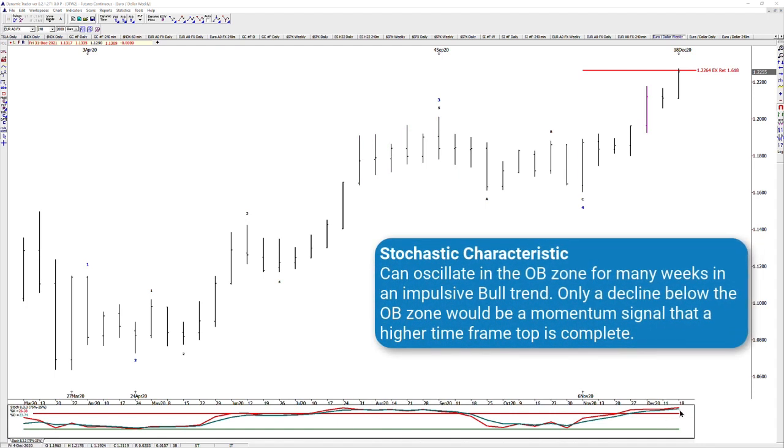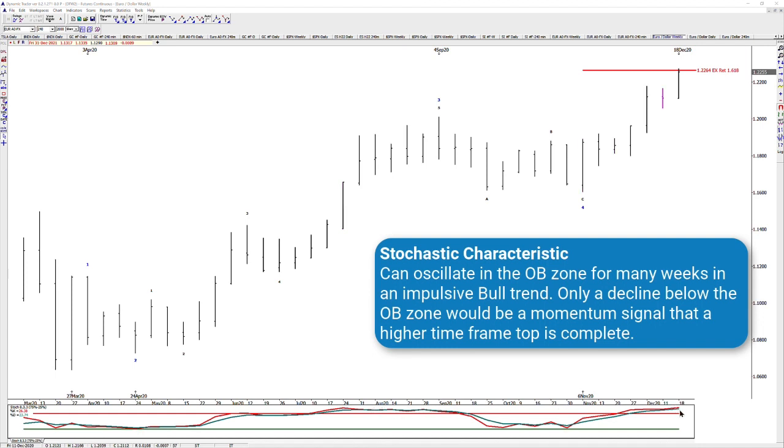And if the stochastic makes a bear reversal, that doesn't necessarily signal that that weekly high is complete, in this case, potential end of wave 5 high, because the stochastic can oscillate quite a bit in the overbought zone.